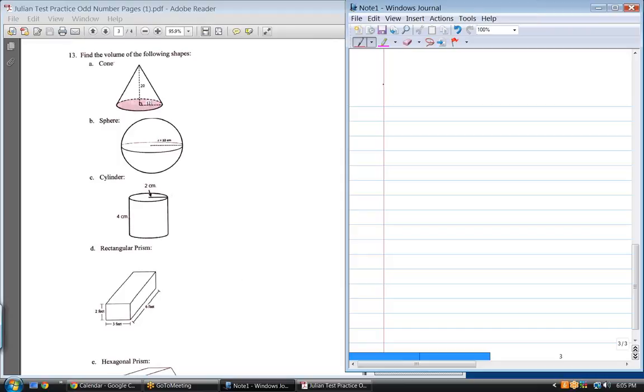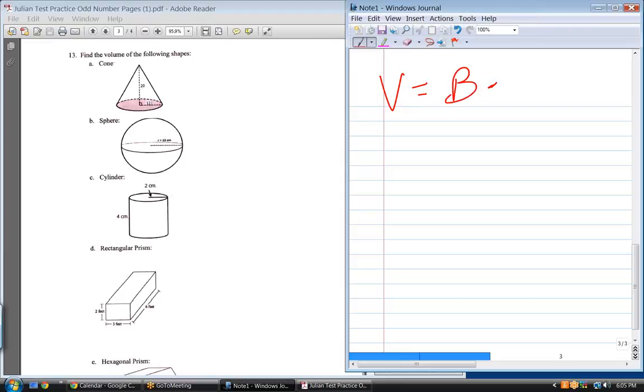So the volume of a cone, the general formula. You always want to start with the general formula. Is it pi r squared times height divided by 3? Okay, good.